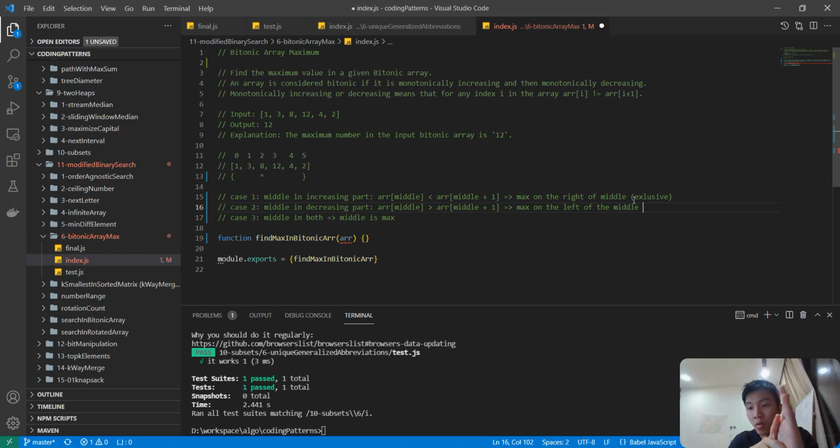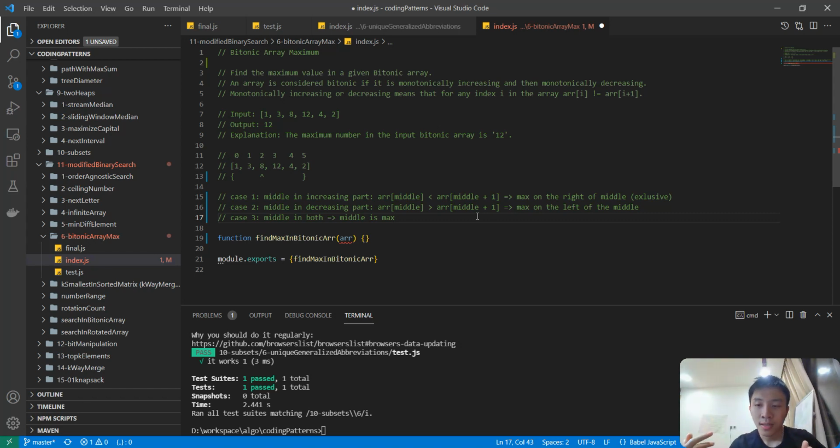Or, can the middle be the maximum one? It can be, because currently we are comparing the middle with the number next to it on the right, right?